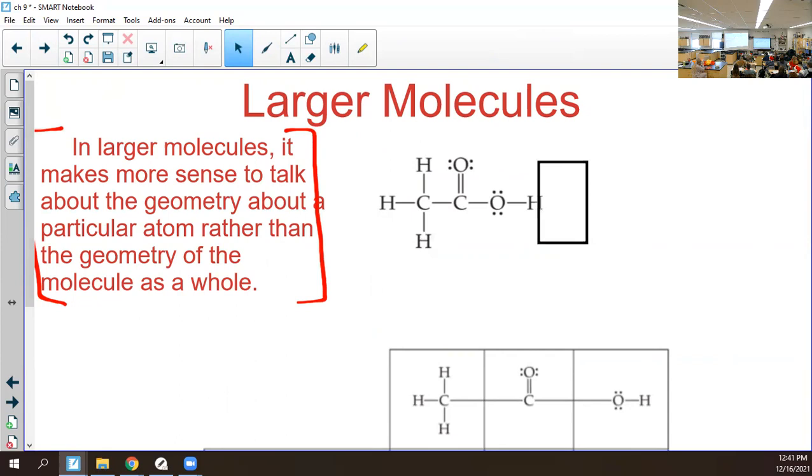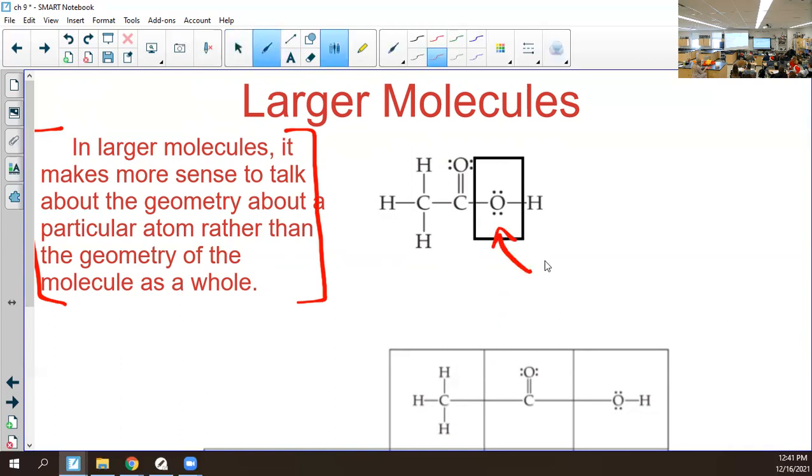So I'm going to start right here, and I'm going to look at O. How many electron domains? 4. 2 non-bonding. So this would be bent because it's 4 and 2.